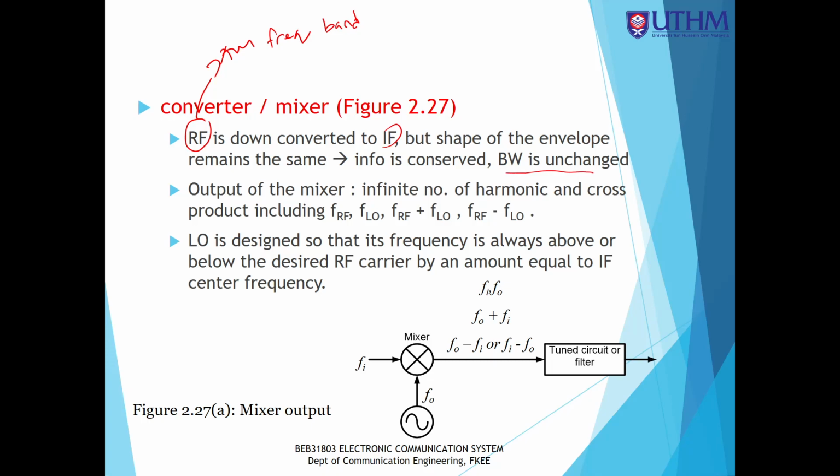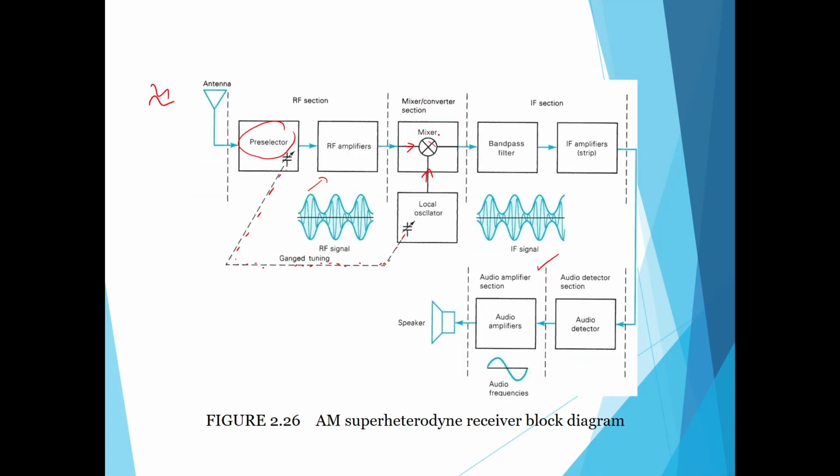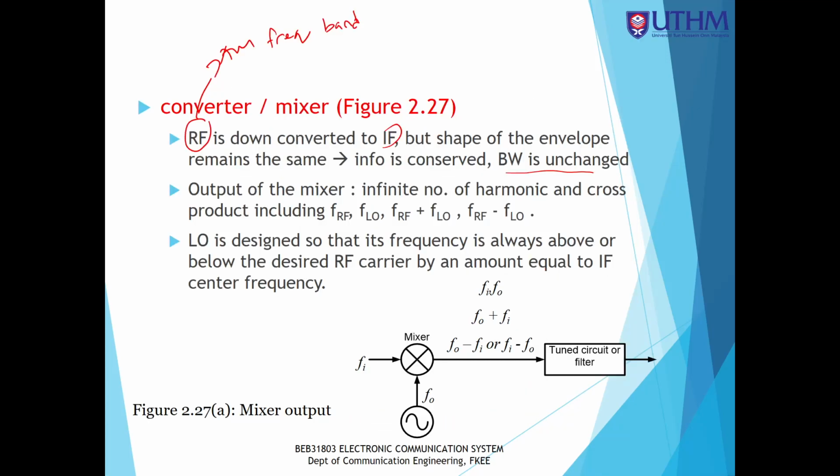So the output of the mixer is an infinite number of harmonics and cross products, because we do the multiplication process. You see that the symbol is X over here, which means it will do the multiplication in the time domain. So when you multiply the input and oscillator frequency, you will produce upper and lower frequencies.